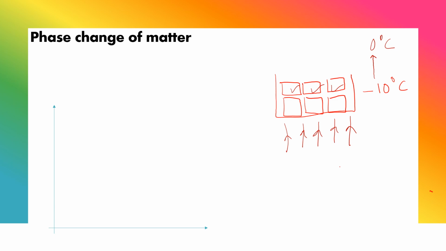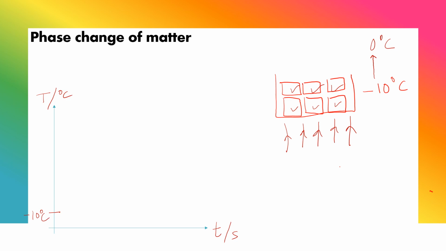On this graph, I'm taking time on x-axis, t in seconds, and change in temperature, or you can simply say temperature, on y-axis, which is in degrees Celsius. Since our ice cubes are at minus 10 degrees Celsius, I'm taking the initial temperature somewhere here as minus 10 degrees Celsius. So this becomes our reference point.